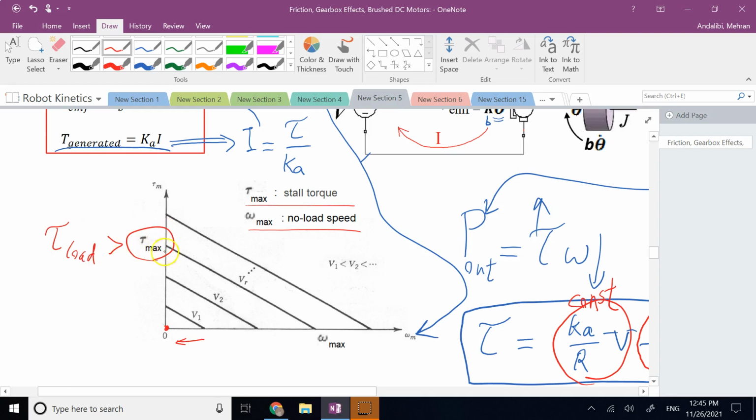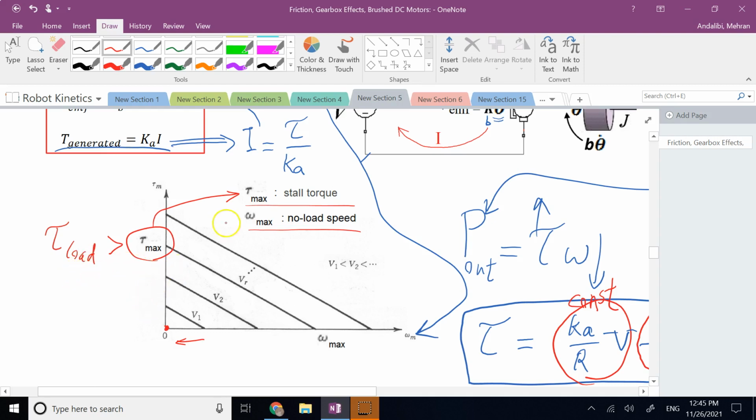But this maximum torque that the motor gives you is what we call the stall torque. And stall means, as I said, no rotation. The other case is when there is no load on the motor, so the motor can rotate freely.